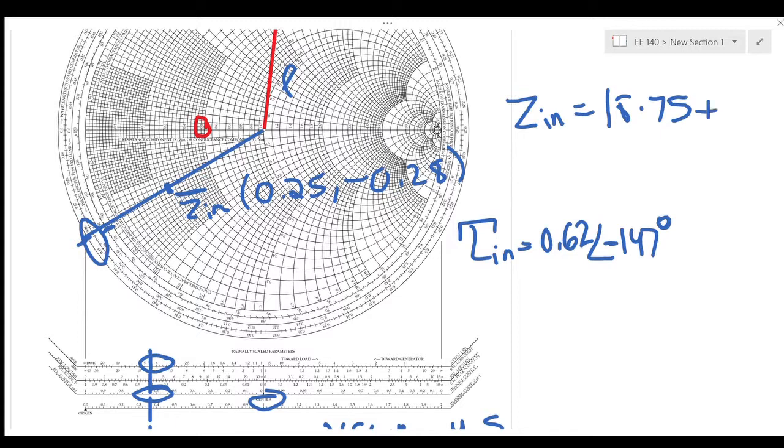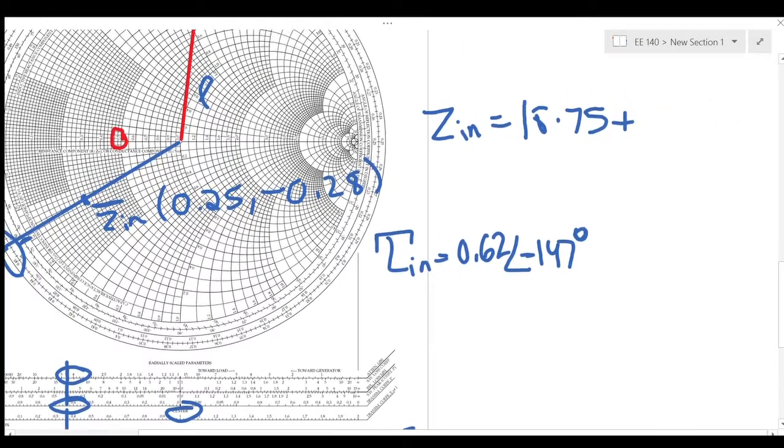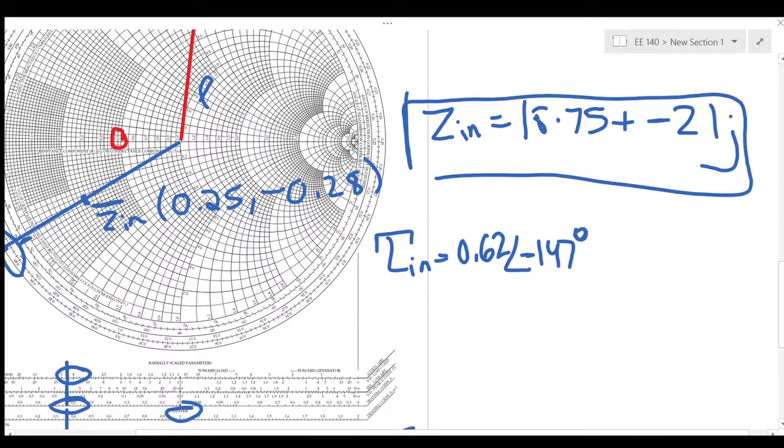And then the imaginary part, that's 21. So minus 21j. So that's our Zn.